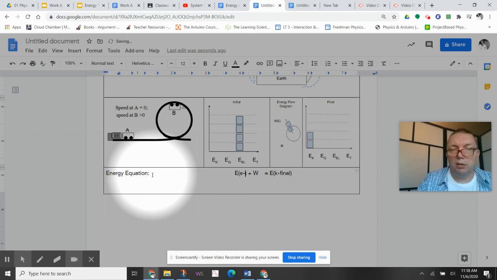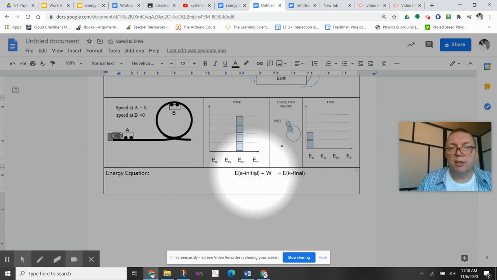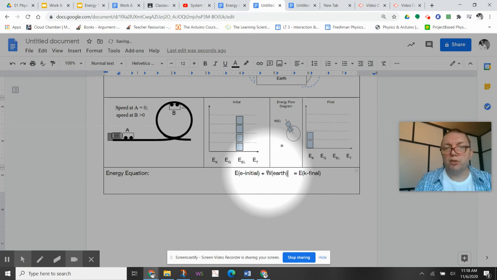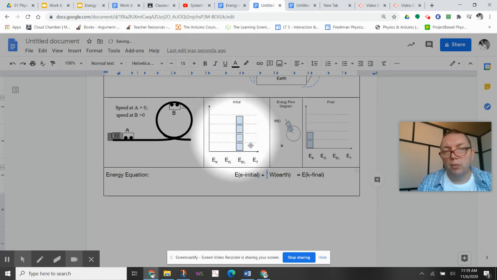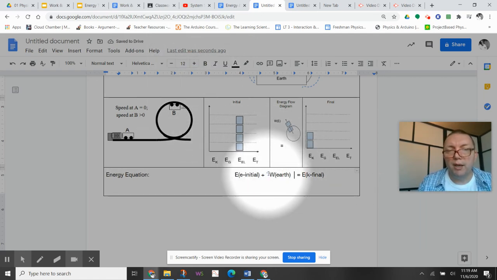So I'm going to say E elastic initial, that's what I did on the initial ones. E elastic initial, plus work done by the Earth's gravitational field, equals EK final. And this work is negative, so I'm going to put a negative in there, to show that it's a negative value for the work.